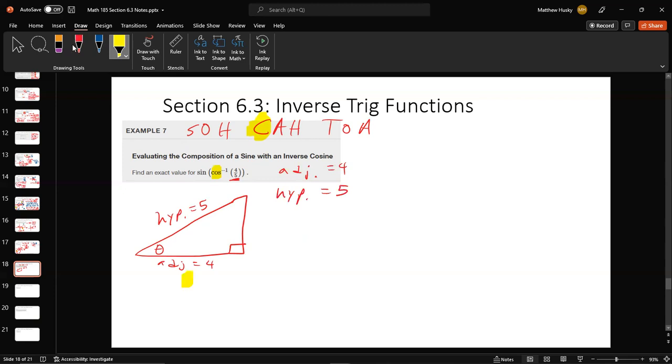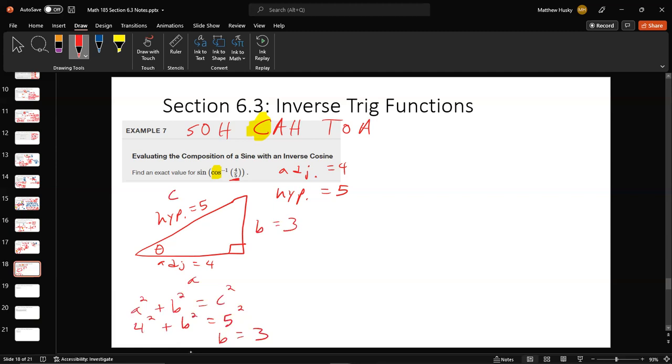This is a, this is b, this is c. The Pythagorean theorem tells you a squared plus b squared equals c squared. So if we're trying to find b, we have 4 squared plus b squared equals 5 squared. I'm going to cut to the chase. You can solve this for yourself, but that's going to give you b is equal to 3.